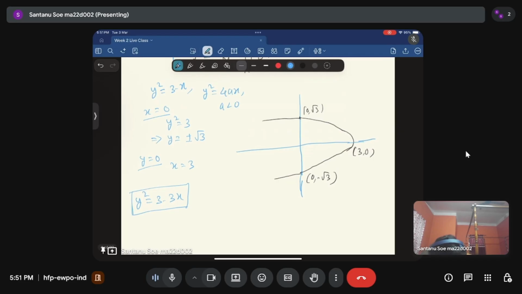If you put x equals 0, then we can see that y square is 3, and this is implying y is plus minus root 3, correct? And if you put y equals 0, this is implying x is 1. Okay, and this is also a y square equals 4ax type parabola where a is strictly less than 0.